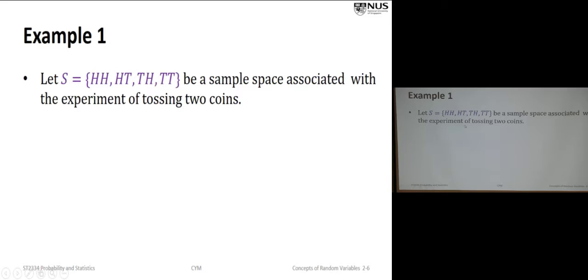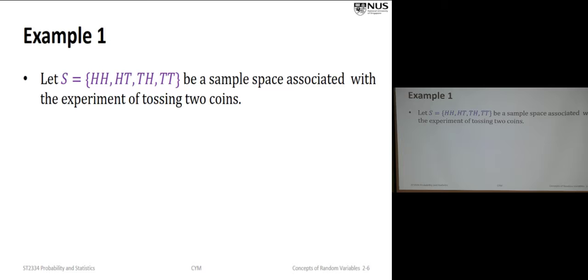Okay, go back to a simple one. This is the sample space associated with tossing 2 coins. Remember, if you want to have equally likely outcomes, then these 2 coins must be identified. You may have colors, 1 red, 1 blue.